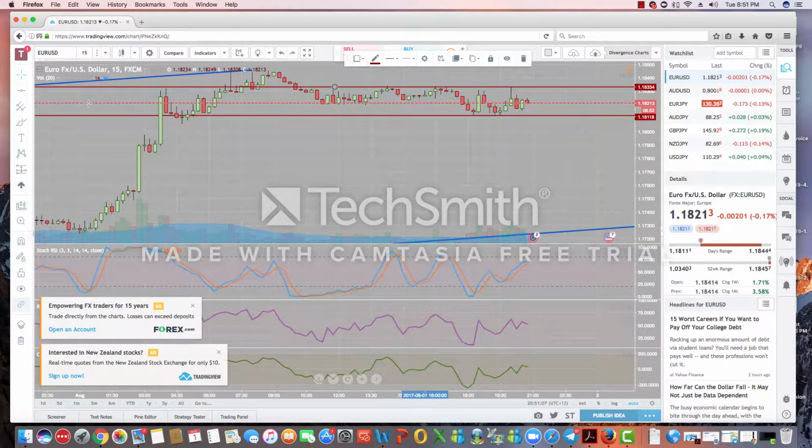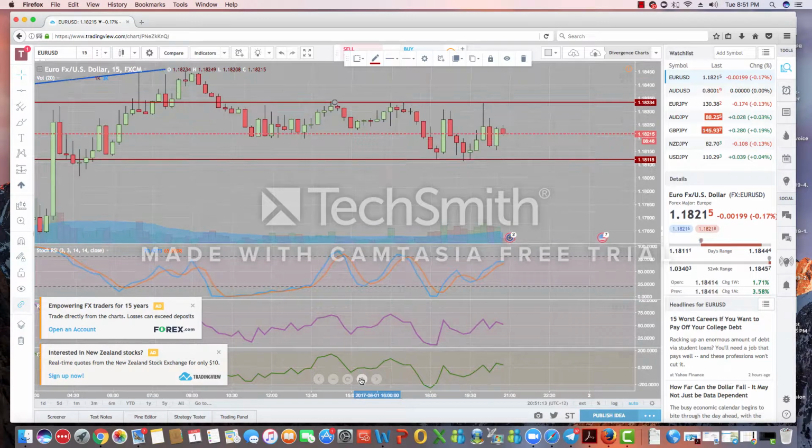This is the 15-minute chart, and it's looking pretty good. I'll just expand those candles a bit. As I said, I've only just started using this TradingView, but it's quite good. Might just pull this one down a fraction and go for the bottom of those two wicks.